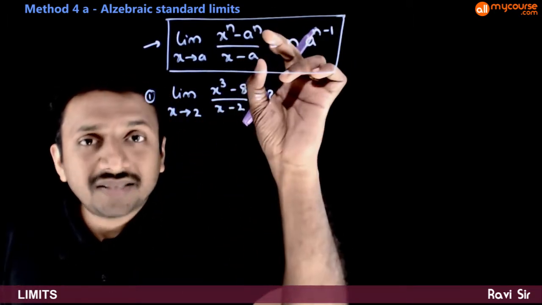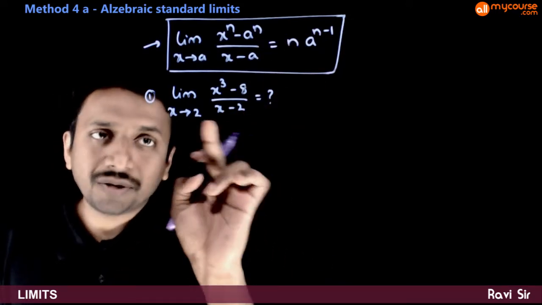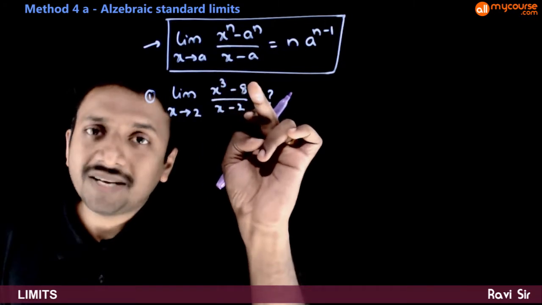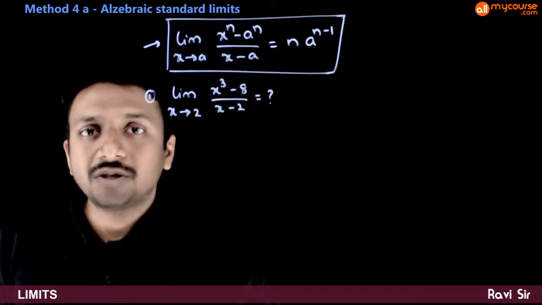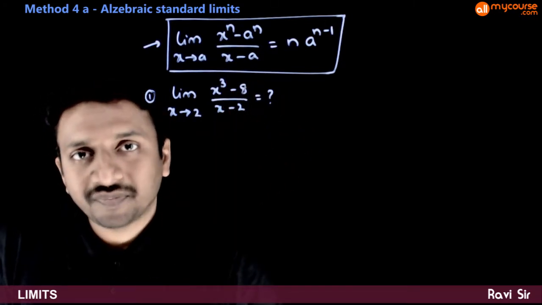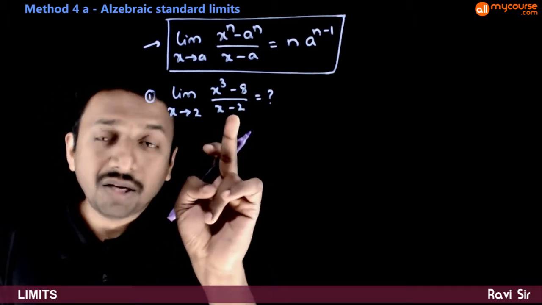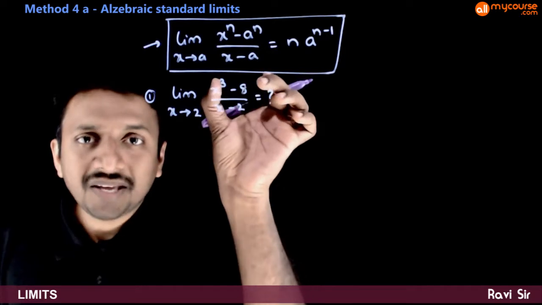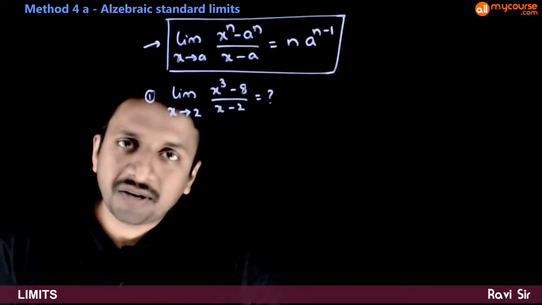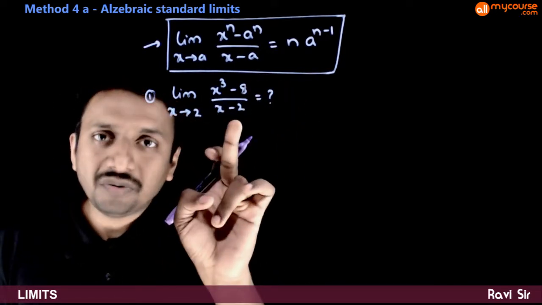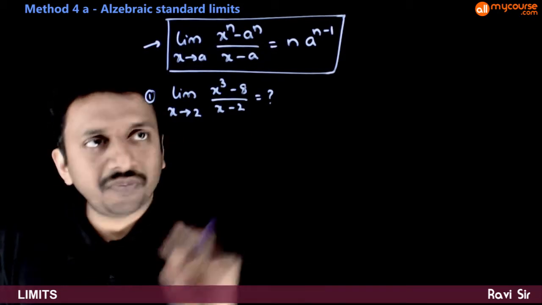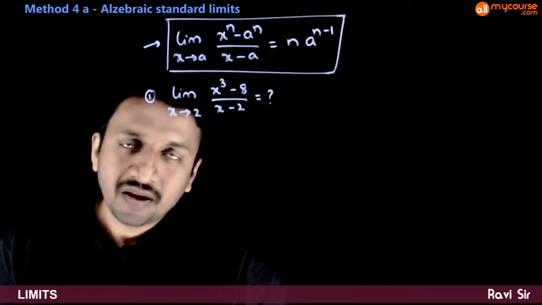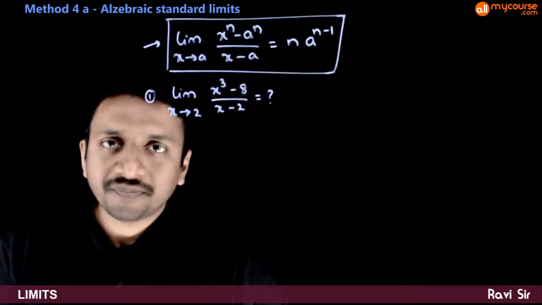Here also, as x tends to 2, 2 cube minus 8, 8 minus 8 by 2 minus 2, you're getting 0 by 0 form again. So here you can use the method of factorization also, because it's a polynomial by polynomial. x cube minus 8, you can get the factor x minus 2 outside. Or you can directly use this formula.